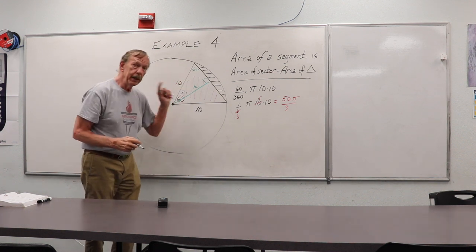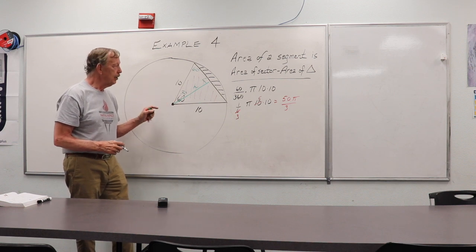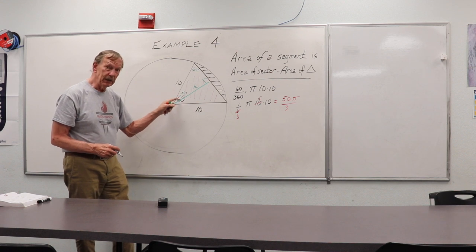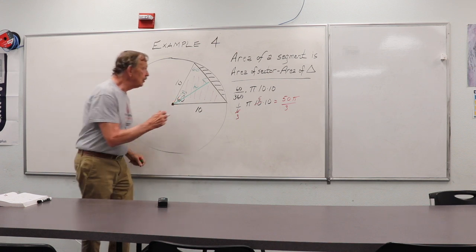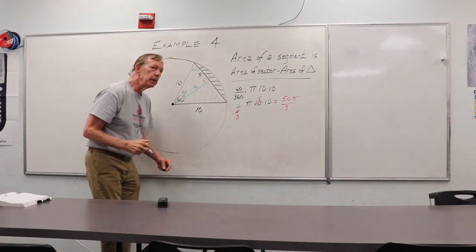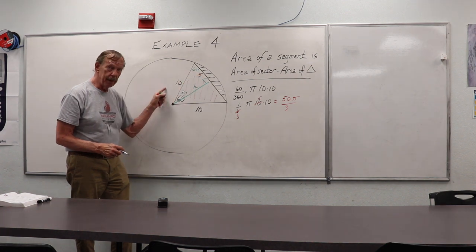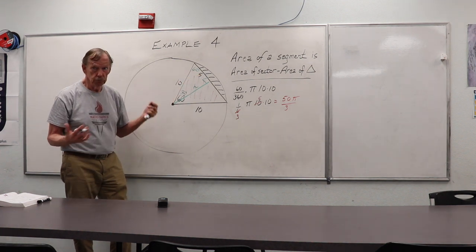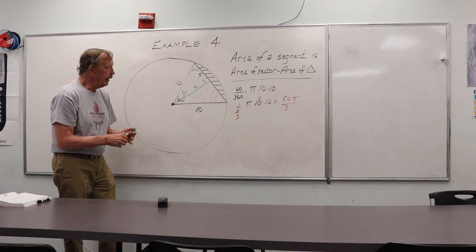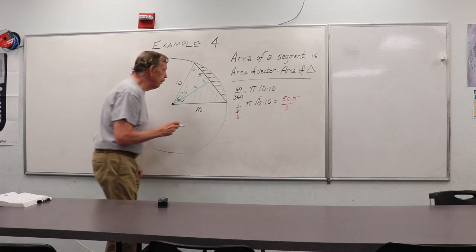In this triangle here, that's the hypotenuse. And I know that the side opposite the 30-degree angle, this piece here, is half of that. So this piece is 5. The side opposite the 30-degree angle is half the hypotenuse. This piece, h, is going to be our multiplier, 5, times the square root of 3.